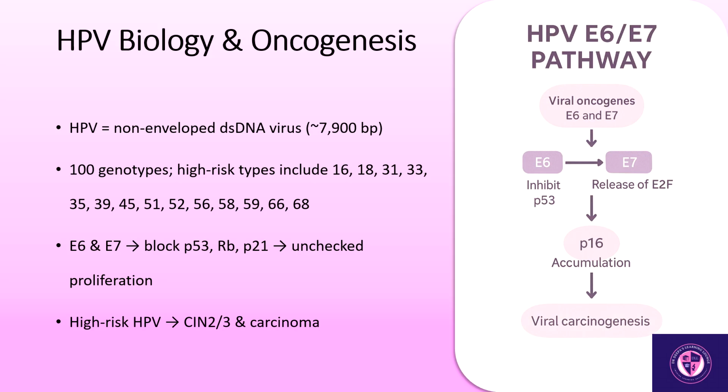These are classified on the basis of the L1 capsid gene sequence. Among these, the high-risk subtypes, which are HPV 16, 18, 31, 33, 35, 39, 45, 51, 52, 56, 58, 59, 66, and 68, have a very strong association with the development of cervical cancer.